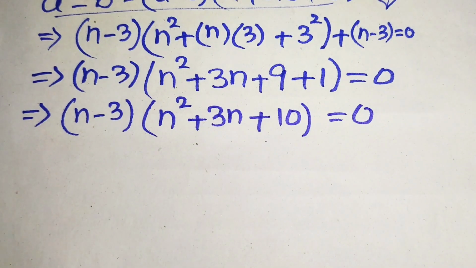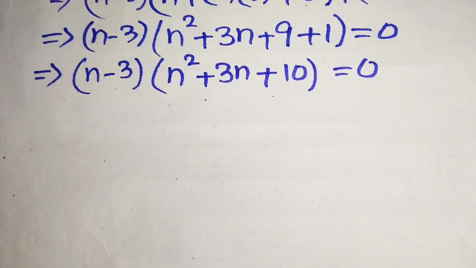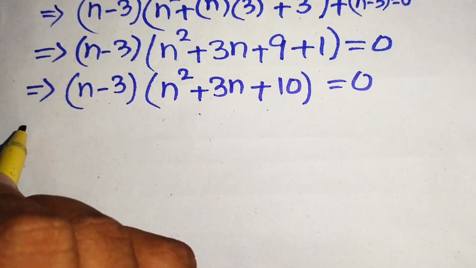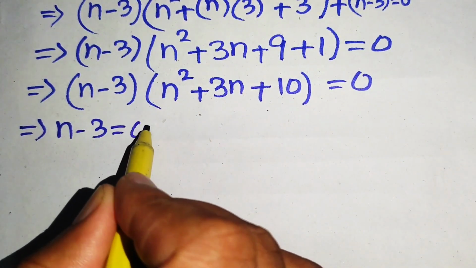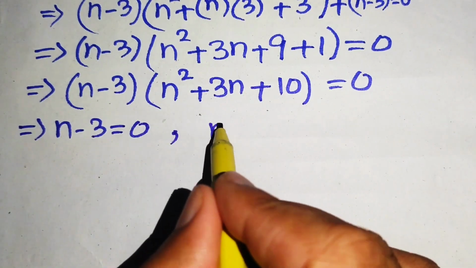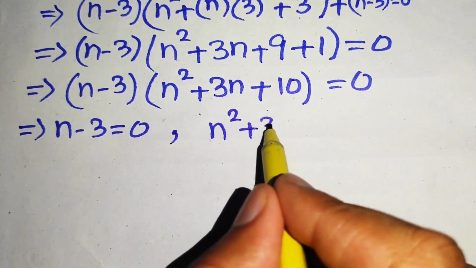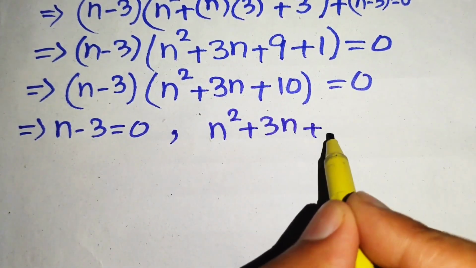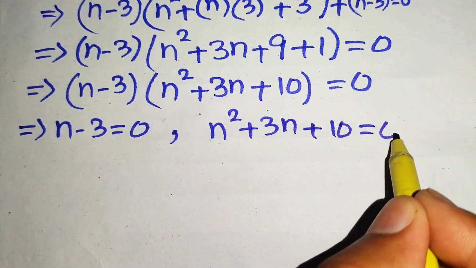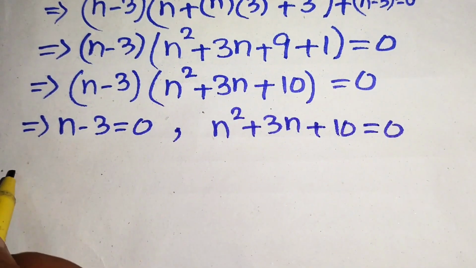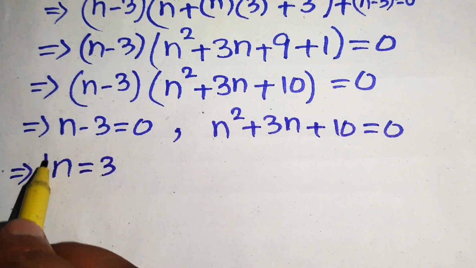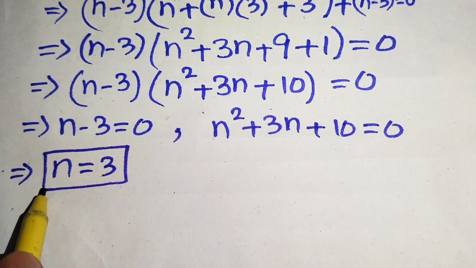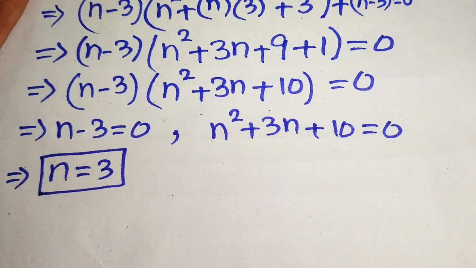So in the next step we have two cases here. Our first case is we take n minus 3 equals 0, and the second case is we take n square plus 3n plus 10 equals 0. So in the first case we easily get the value of n equals 3. So this is our first real root of this question.